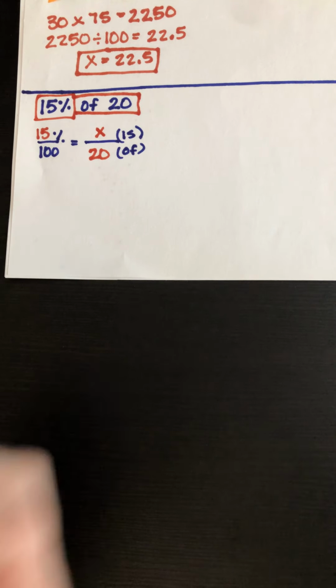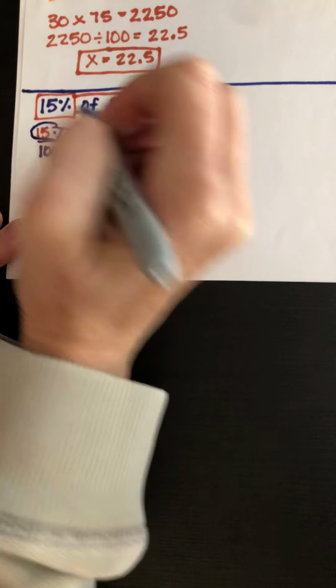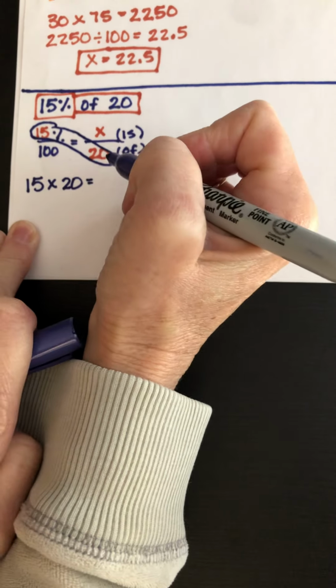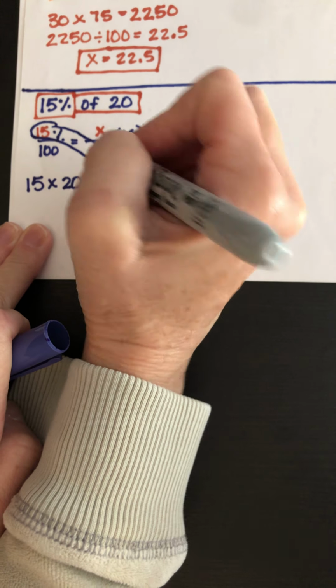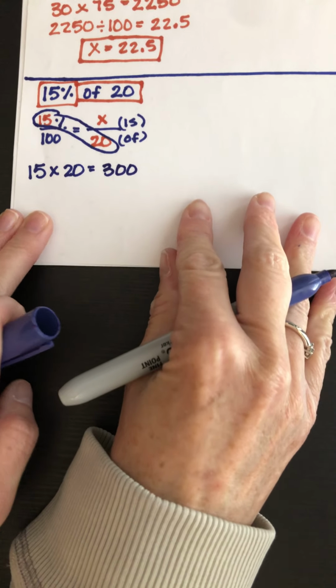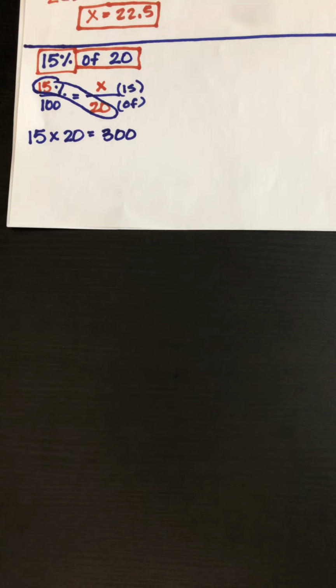So go ahead and cross multiply. 15 times 20, that equals 300. Hopefully you're doing this as we go. I'm trying to pause here to give you some time.